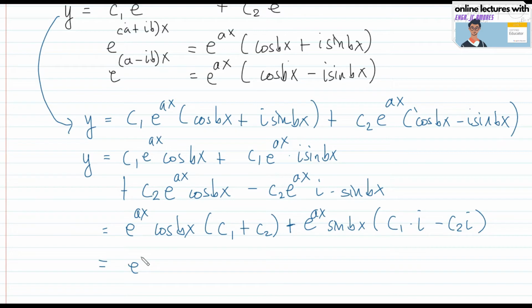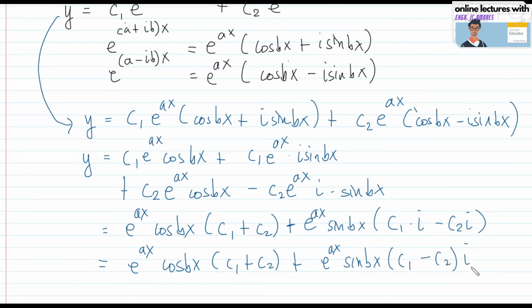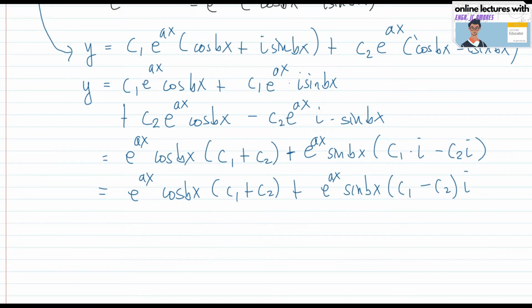You could also factor out i, giving e raised to ax cosine bx times c1 plus c2, plus e raised to ax sine bx. I did not include i here to avoid confusion. But what we have here is that we could substitute c1 plus c2 as a new arbitrary constant, let's say c3, and i times c1 minus c2 can be c4.